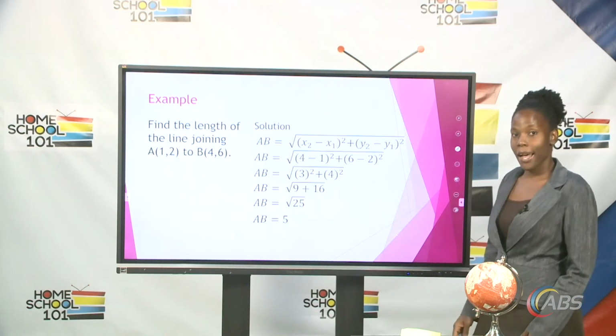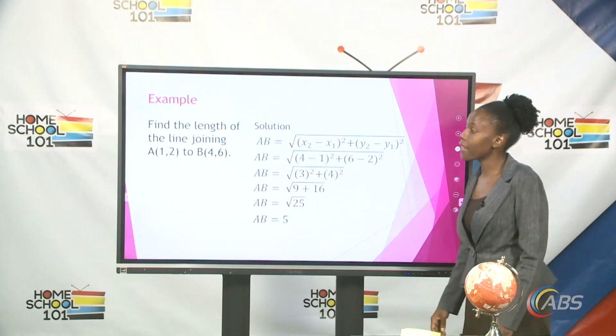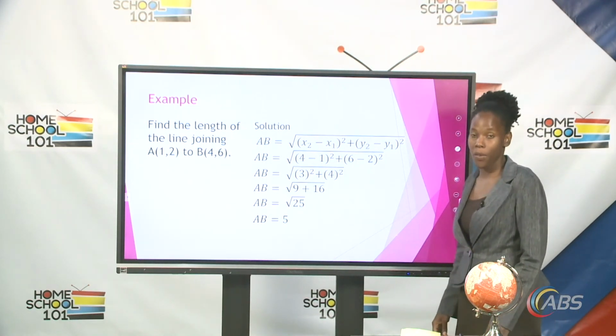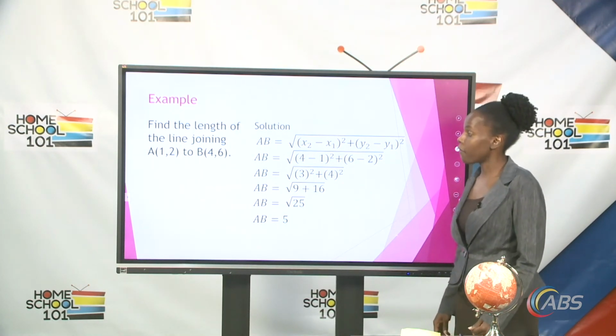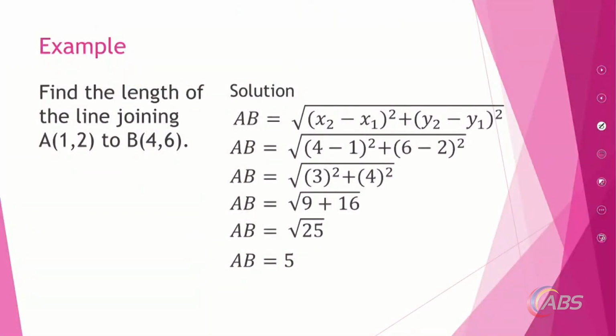To look at an example, it says find the length of the line joining A with the coordinates 1, 2, and B with the coordinates 4, 6. Once we're given the ordered pair, the first term refers to our x coordinate, while the second term is our y coordinate.